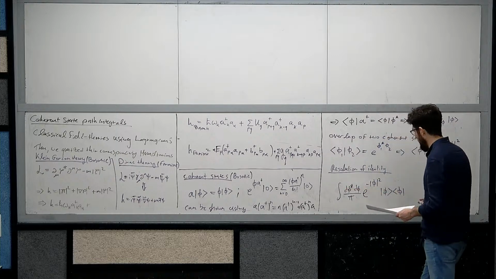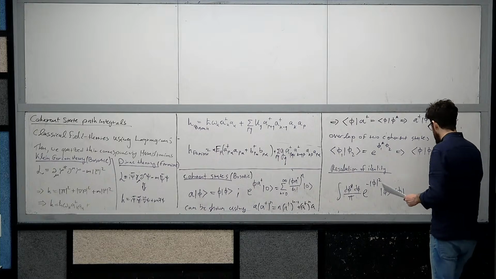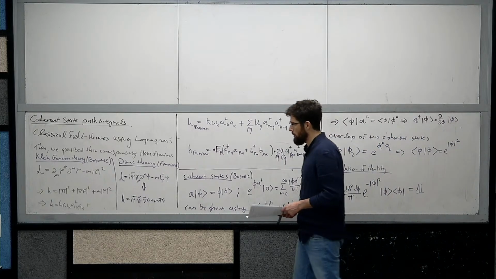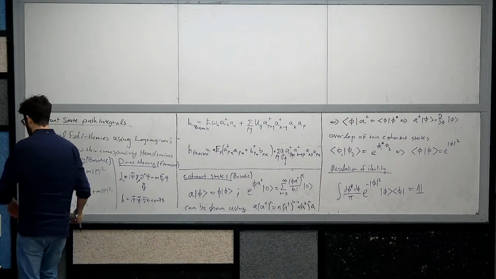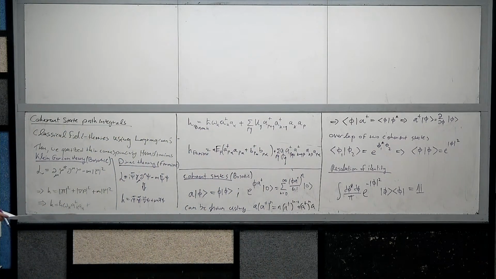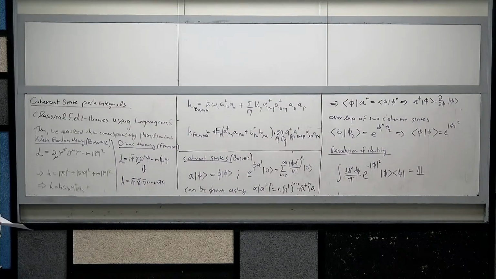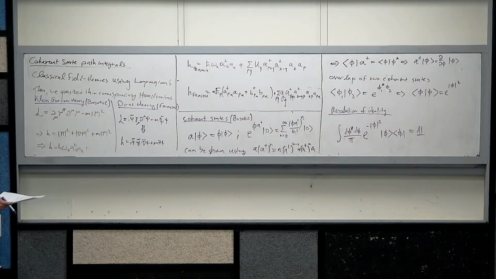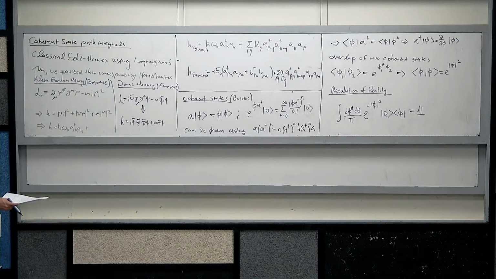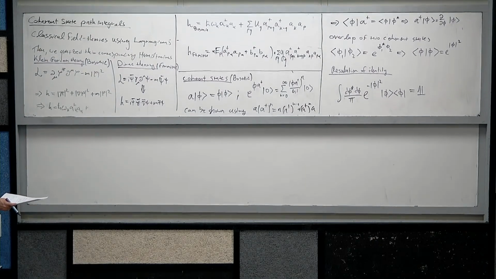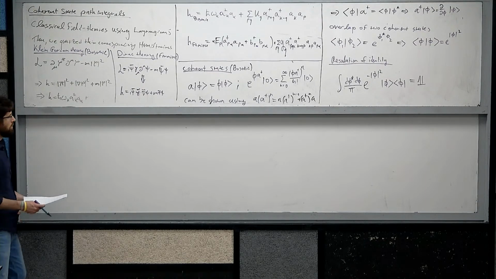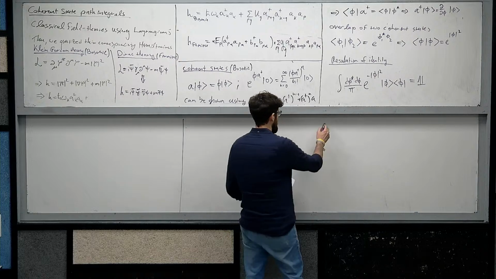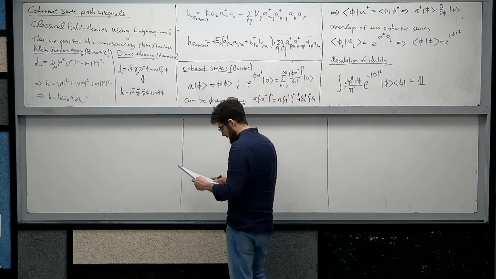This is an operator, okay, and this is the identity. So how do you show that it's an identity? You want to show that it doesn't modify a state in this space.